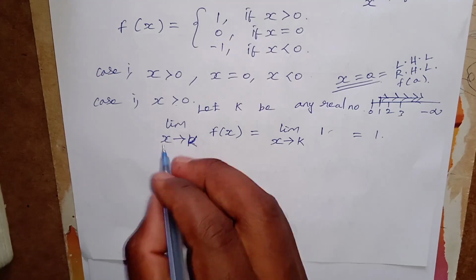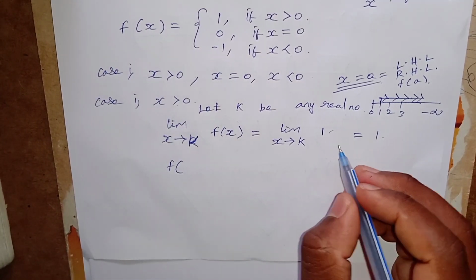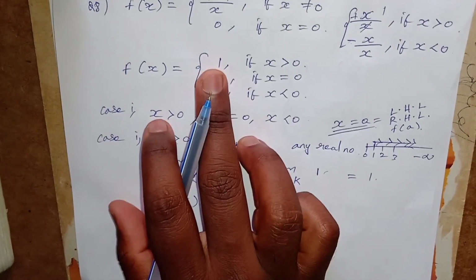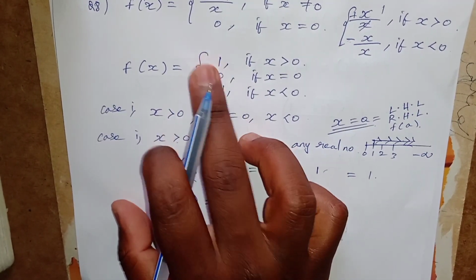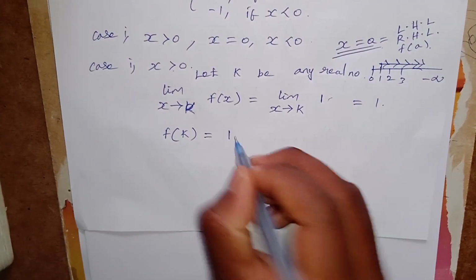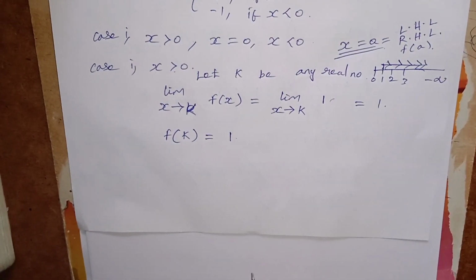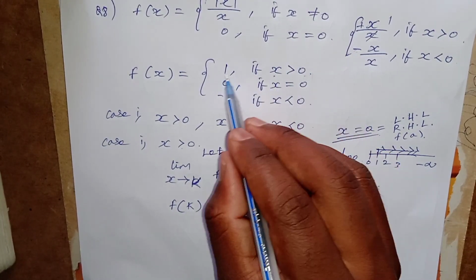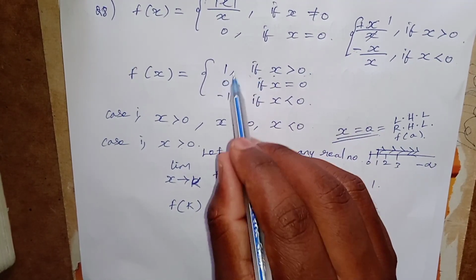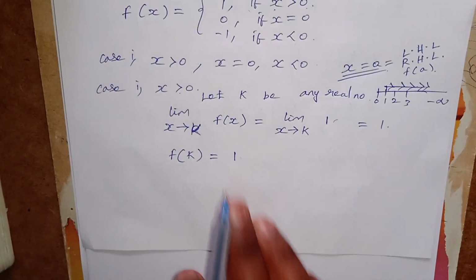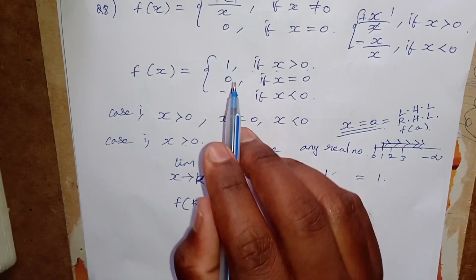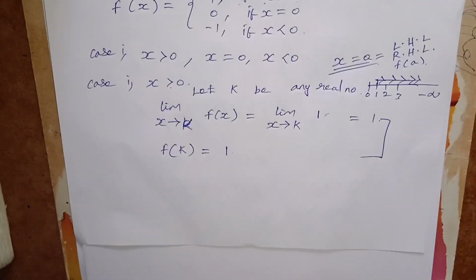Next, f of k: in the place of x you have to substitute k, but here the function for x greater than 0 has only 1, there is no x term, so simply put the answer 1. Both are equal.